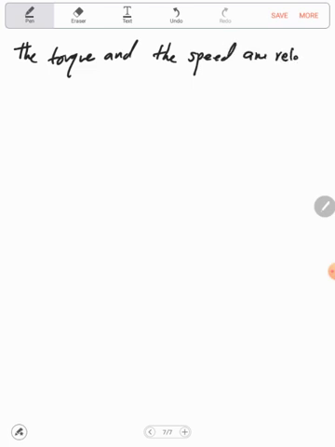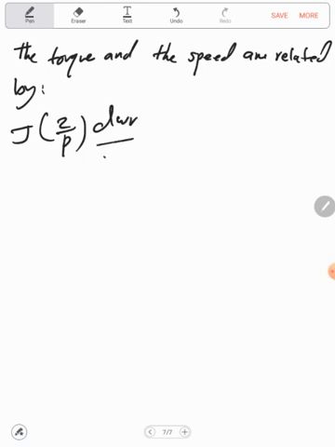So here we can write that the torque and the speed are related by the swing equation, which equals J, here written in terms of the electrical speed, dωr/dt, plus Bm·2/P ωr, which must equal the summation of the torque, Te minus TL.